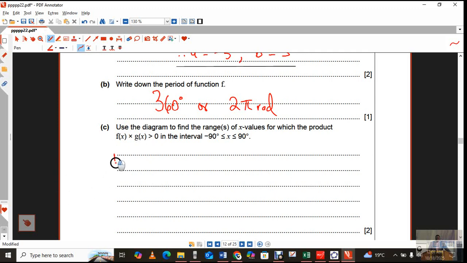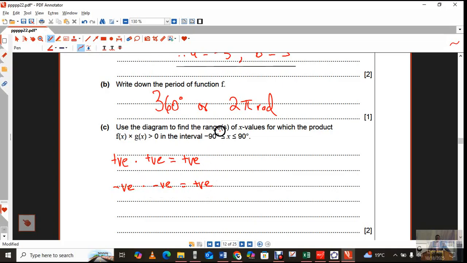So it's either a positive number times a positive number will be greater than 0. When something is greater than 0, it's positive. Or a negative times a negative will give you a positive.